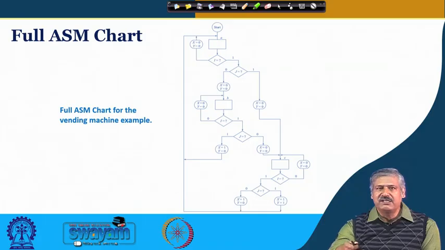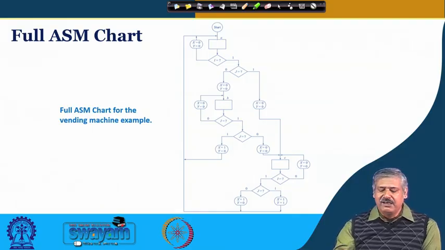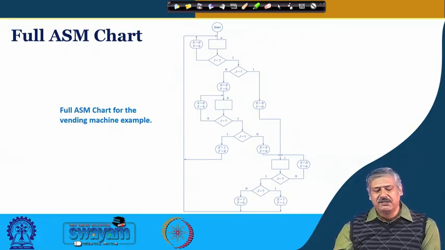You can logically move from one state to another state along with time. With those decision boxes, you examine what the inputs are, and based on that, either you deliver the output or do not deliver and move to the next state. So, that gives a flowchart-like, or as I said, algorithmic representation.